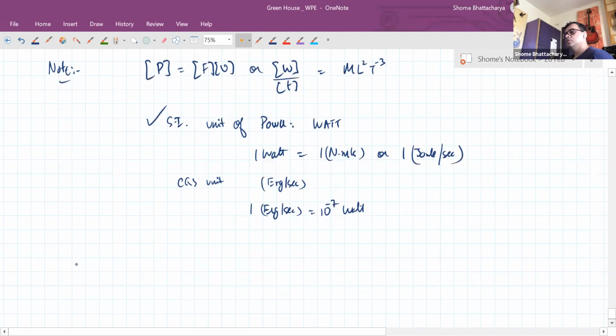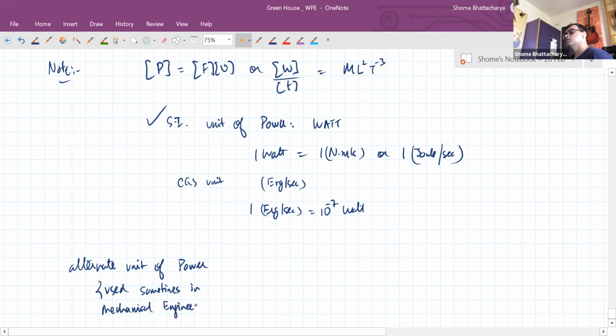Now there is also an alternate unit of power that is used sometimes in mechanical engineering, and that is horsepower or British horsepower.